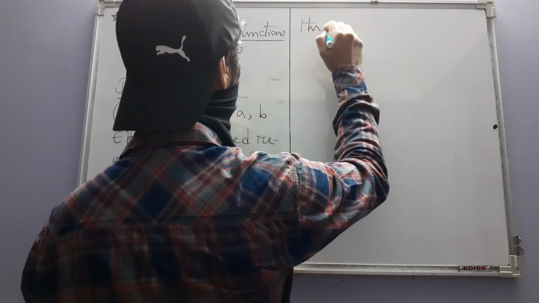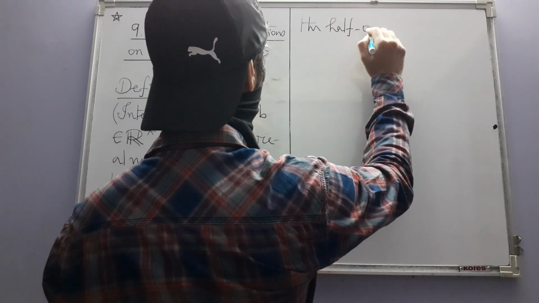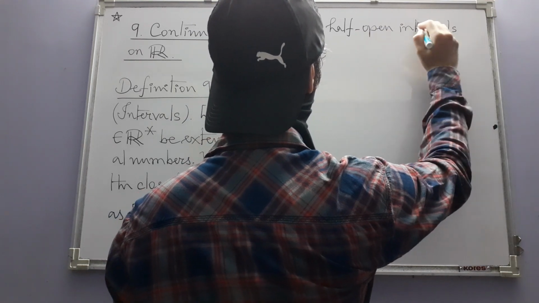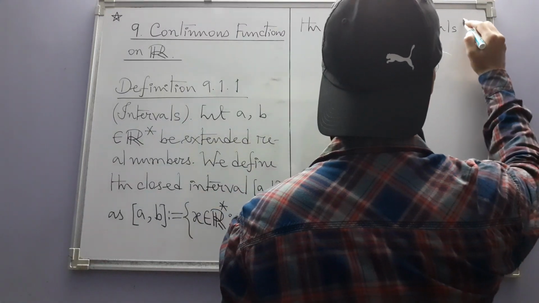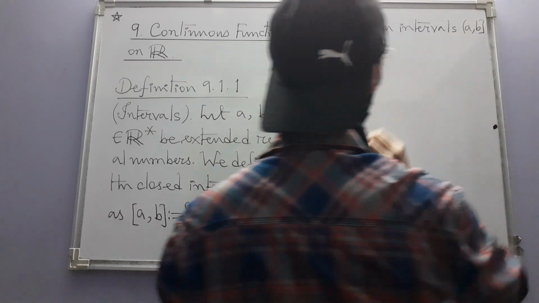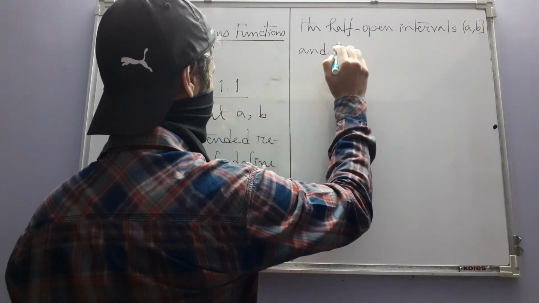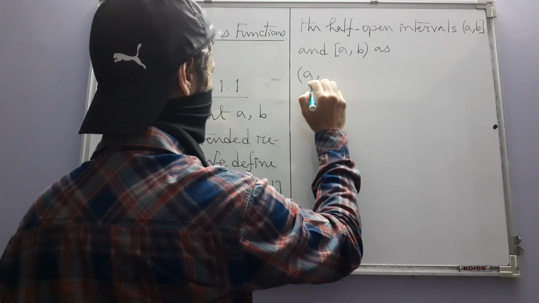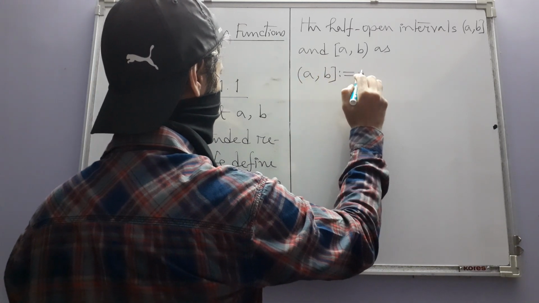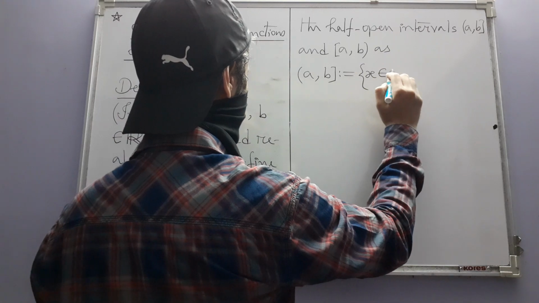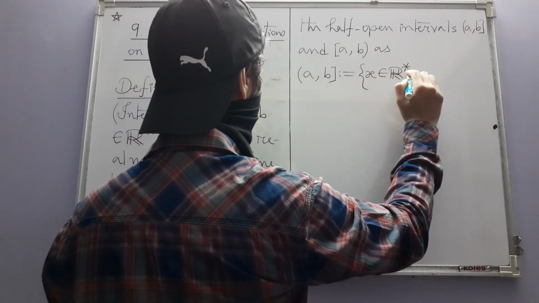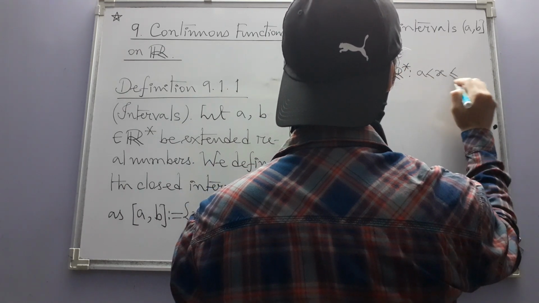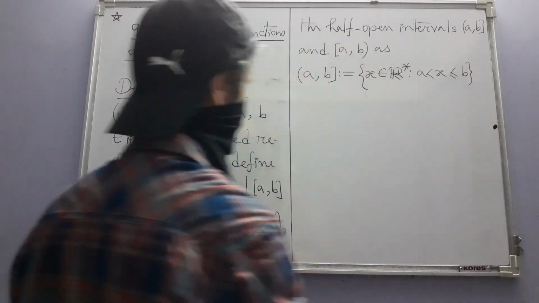The half open intervals, this and this, as this is the set of all extended real numbers x such that a is strictly less than x and x is less than or equal to b.